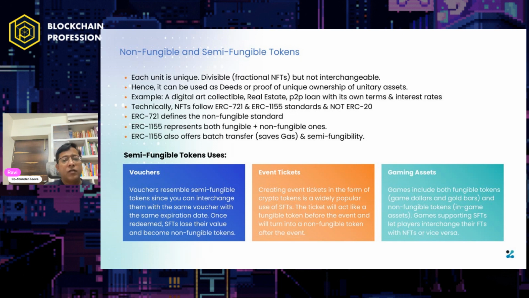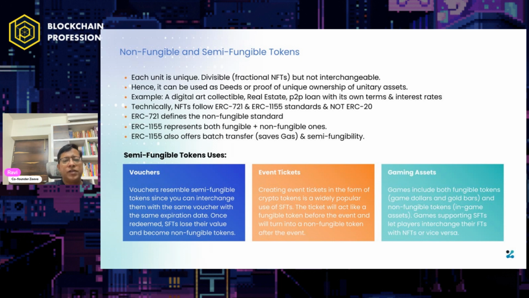And then there are now some more variations of token standards specific to different asset classes, maybe for securities, for real estate, meeting different compliances, etc. But traditionally, these are the two commonest token standards. ERC 721 basically defines the non-fungible standard, and it's the most common.